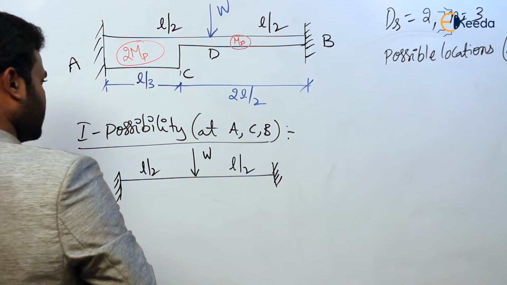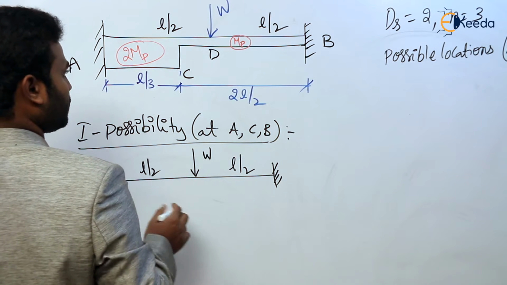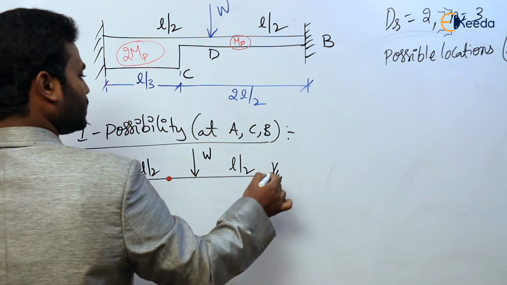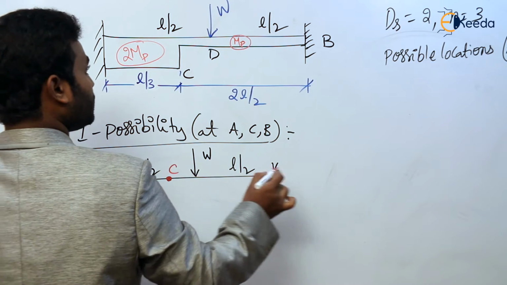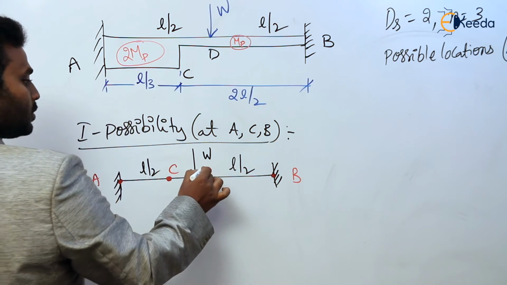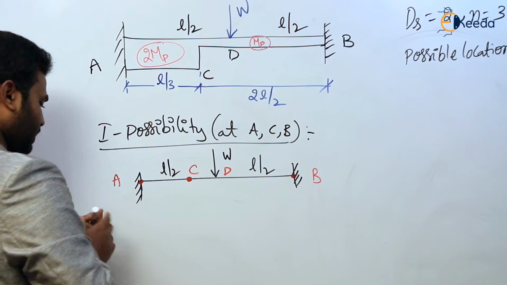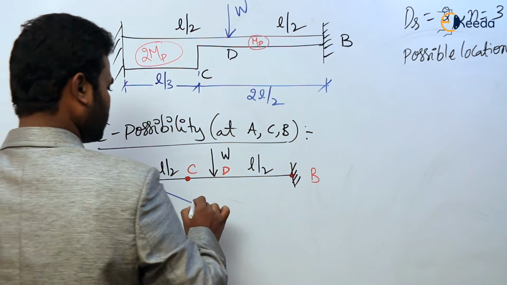Here A, here C, here B, and here it is D. Now the hinge is formed not at the center. So obviously, how is the deflected shape? If you see, the deflected shape is like this.